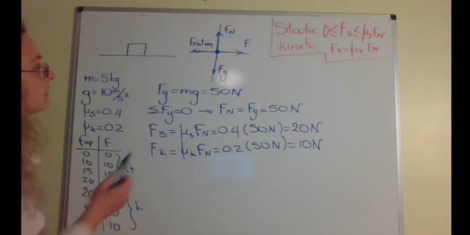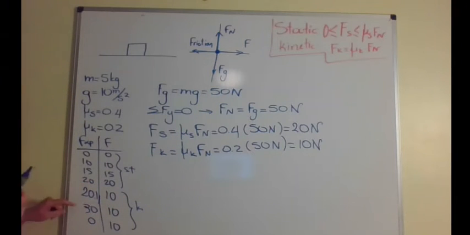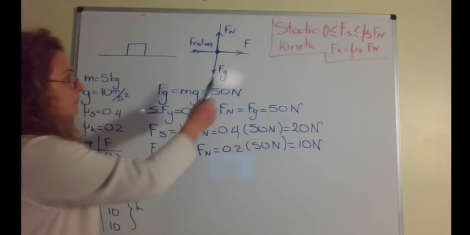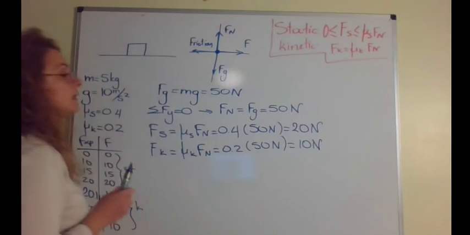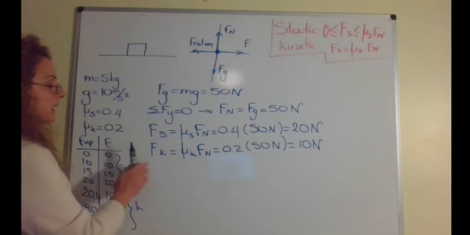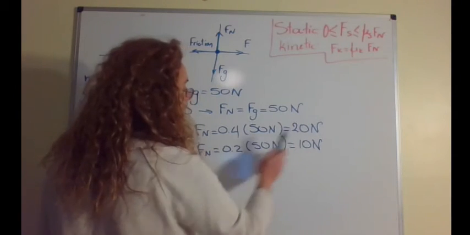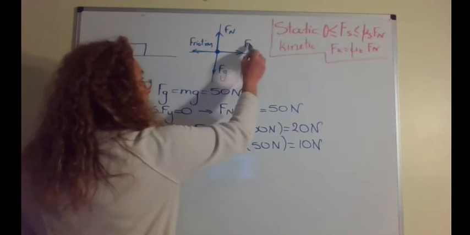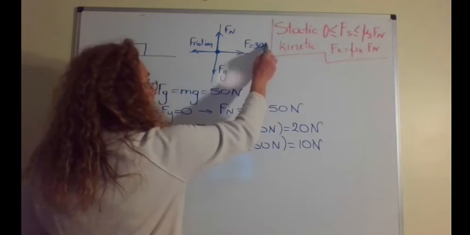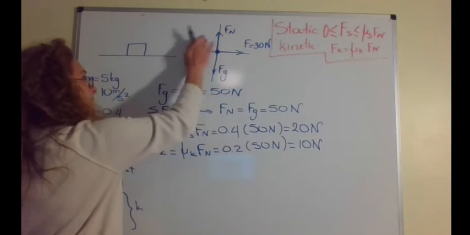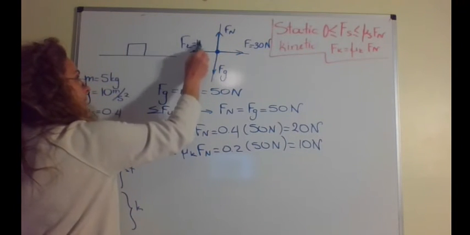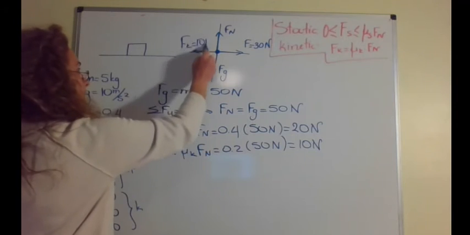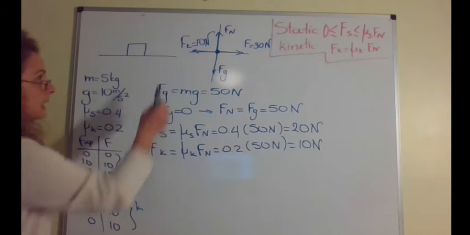Let's say now that my force becomes 30 newtons. Well, I do see that a force of 30 newtons cannot be cancelled by the static friction anymore. That means that the object will start moving and the friction will become kinetic, so it will be 10. What does that mean about my acceleration?